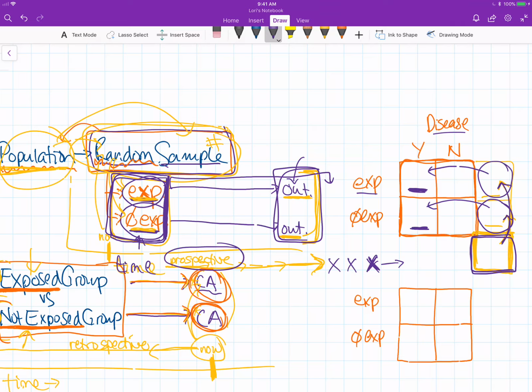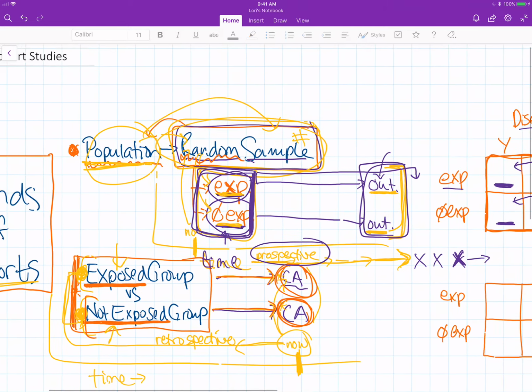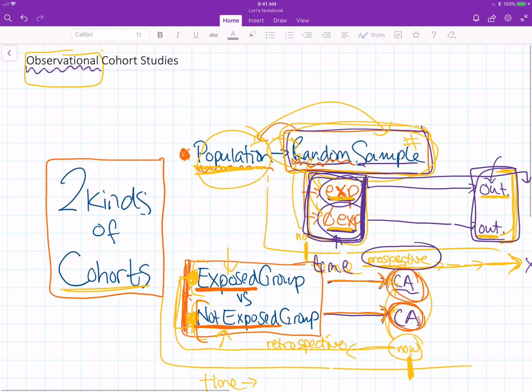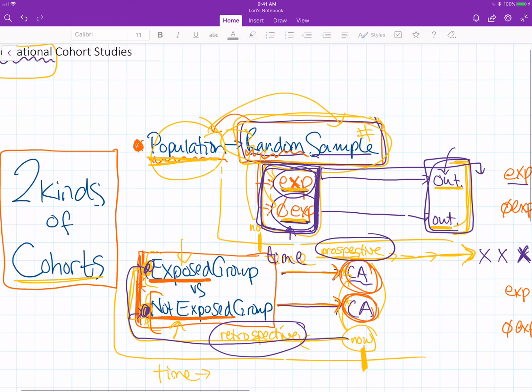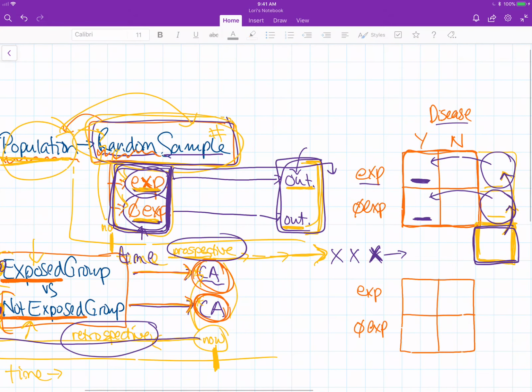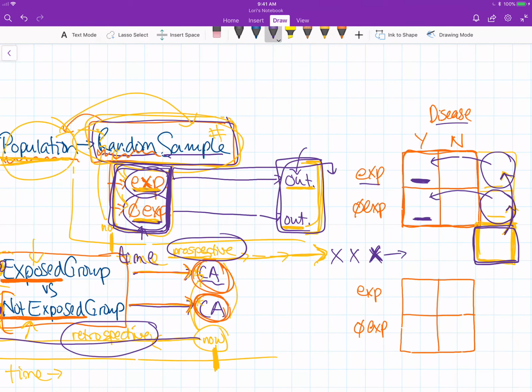Now, this other type of study design, the one where we start out with an exposed group and a not exposed group, we've gone back in time to find out those particular things. It's retrospective. And so I solve a little bit of that issue with time, because right now I'm collecting information about the outcome that's happening.